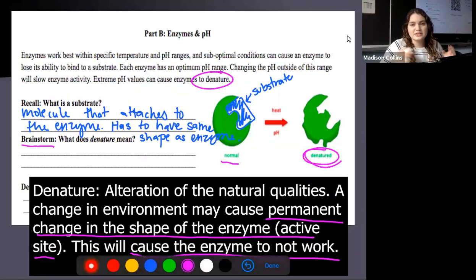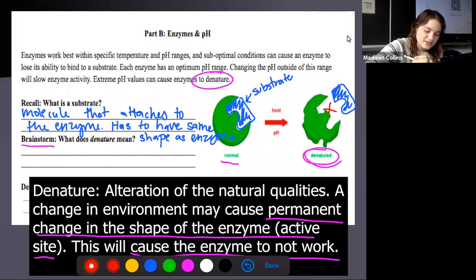Once it gets outside of its certain pH or temperature range, that enzyme is going to stop functioning. Because it almost looks like that enzyme is melting, the substrate isn't going to be able to fit in that active site anymore. So if this substrate comes along, the same substrate we used before, it can no longer fit in that active site.